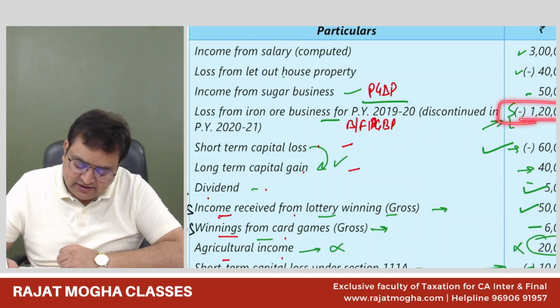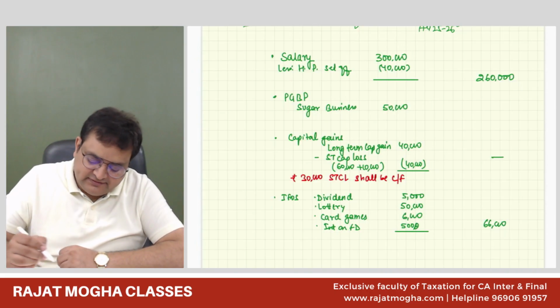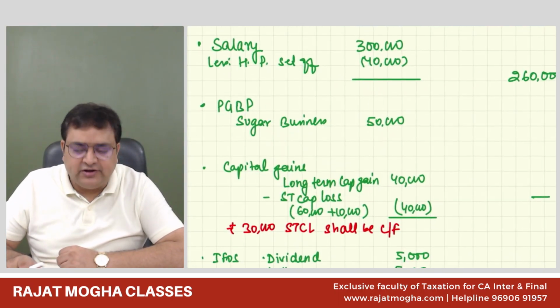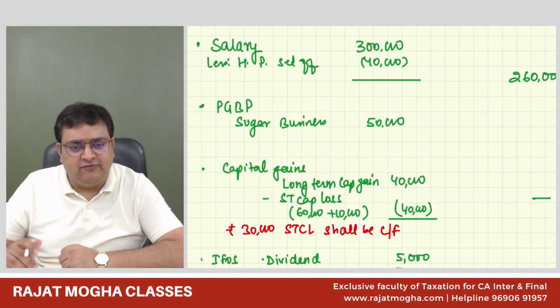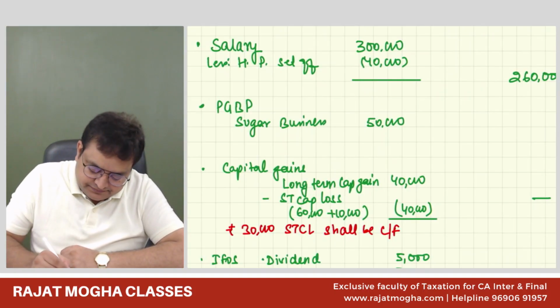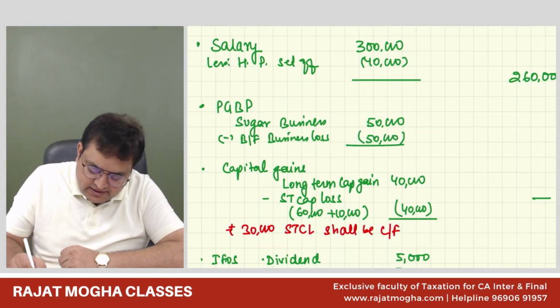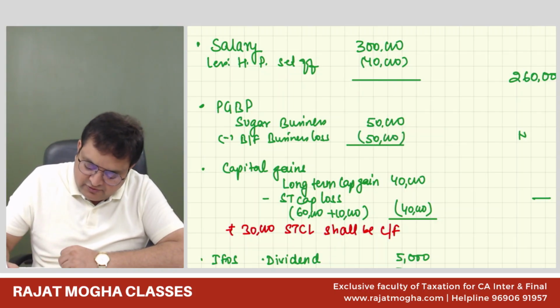120 can be set off from PGBP. Let us see how much we have in PGBP. Only 50,000 we have. So we cannot set off 120, but at least 50,000 we can set off. Yes. Brought forward business loss, maximum 50,000 we can set off out of 120. So my PGBP will also become nil.